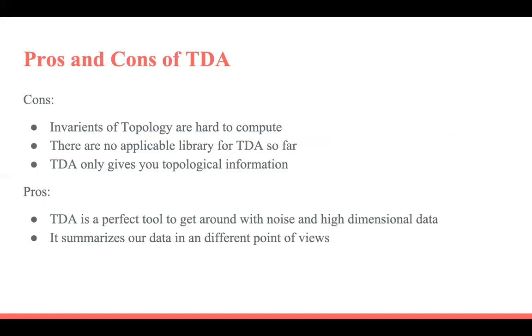However, with the development of computational power, maybe in the future we'll be able to compute invariants of topology efficiently. I also hope more people could contribute to the construction of TDA in the future. One of the drawbacks of TDA is that it cannot give you more information other than topological information. That is to say, TDA is not suitable for data or graphs that can't be interpreted geometrically. Like most analyses, we have to use it wisely.